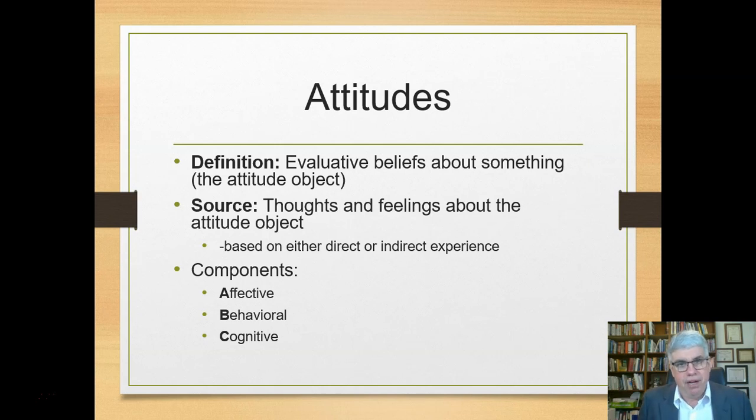But as humans, we often do those things. So that's why we talk about three components of attitudes: the affective, the behavioral, and the cognitive, because our thoughts, feelings, and behaviors are all interrelated, and attitudes are a means by which we can understand how they are related.